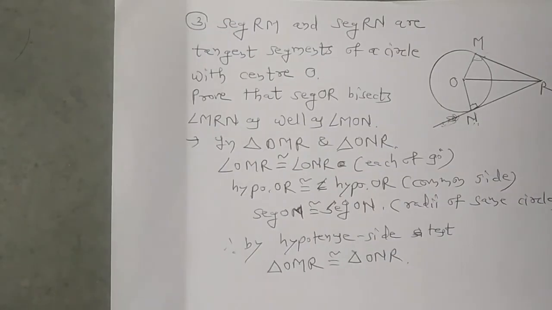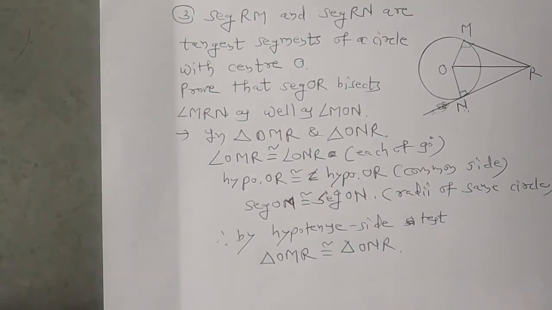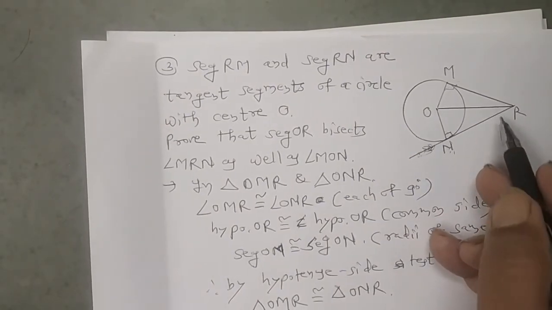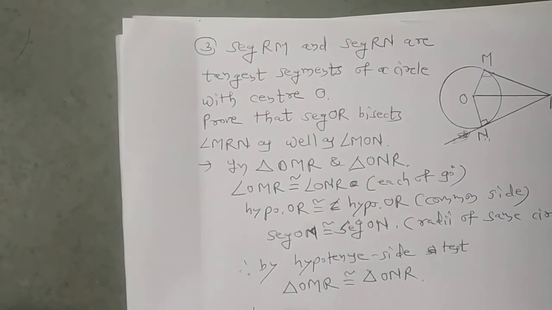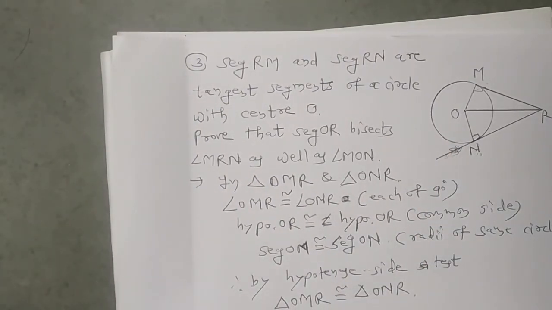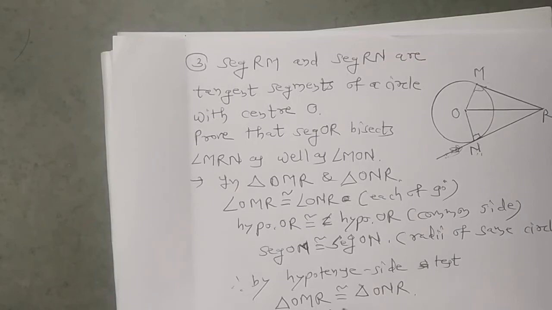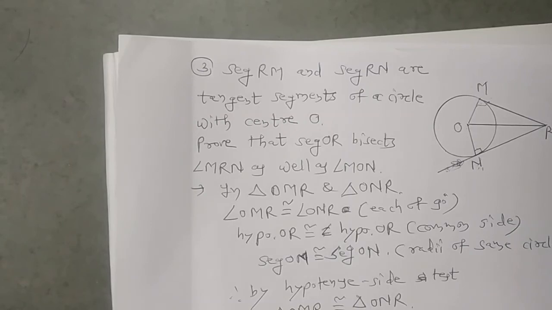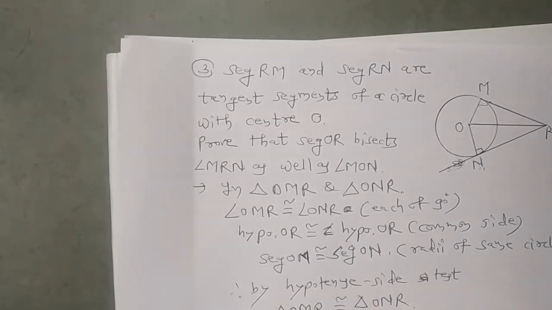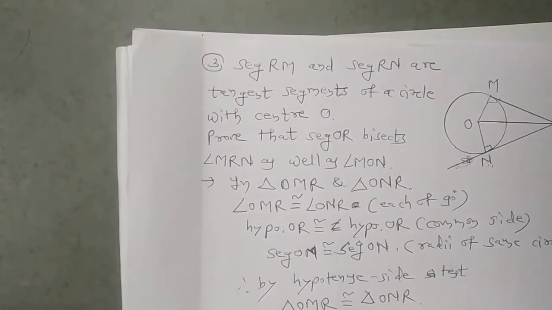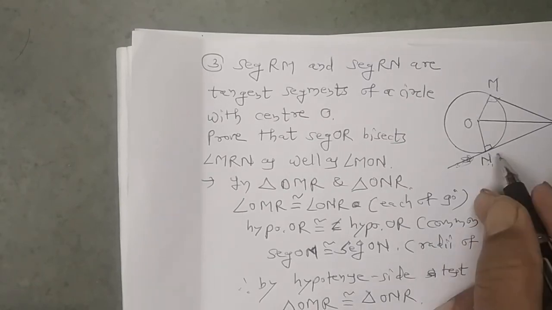Now we know that these two triangles are congruent, therefore their corresponding angles are also congruent. Therefore, angle MRO congruent to angle NRO and angle MOR congruent to angle NOR.